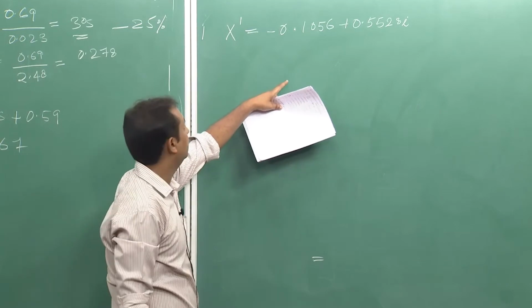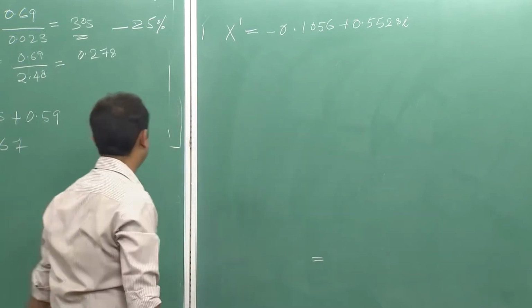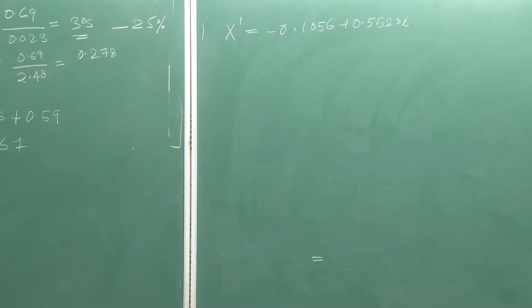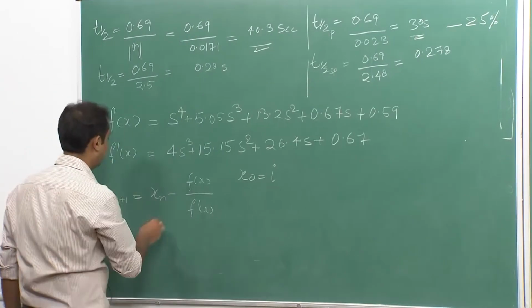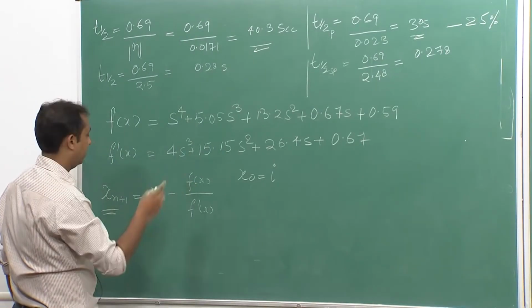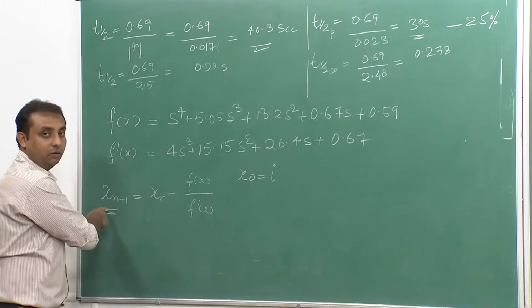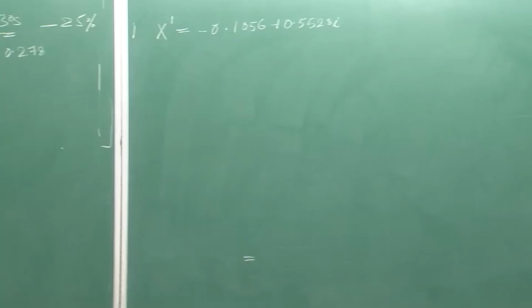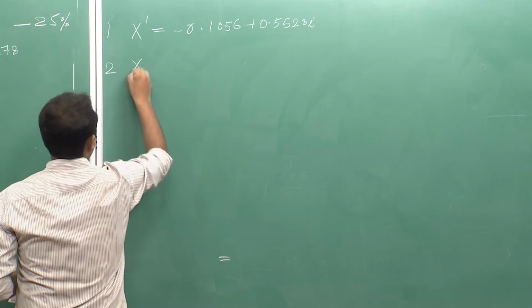Now, substitute this new value of x in the Newton-Raphson equation. So, now x(n) will become the value obtained after iteration 1, and the new value x(n+1) will be obtained after the second iteration.